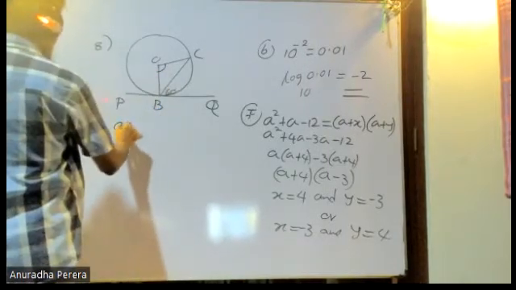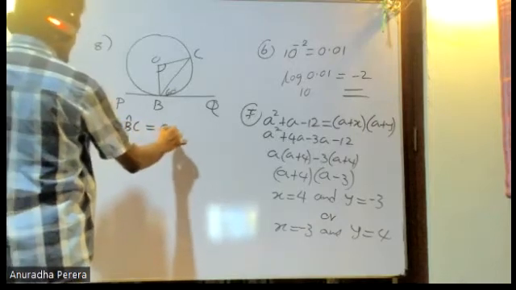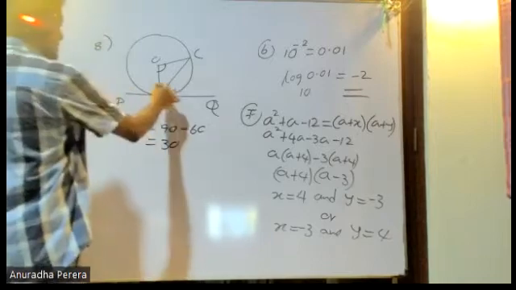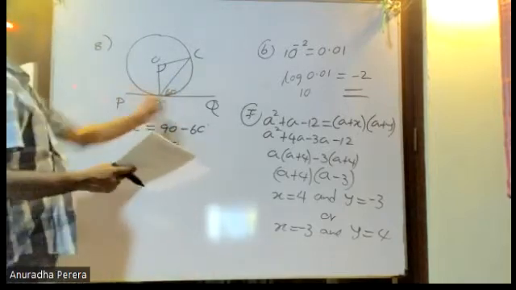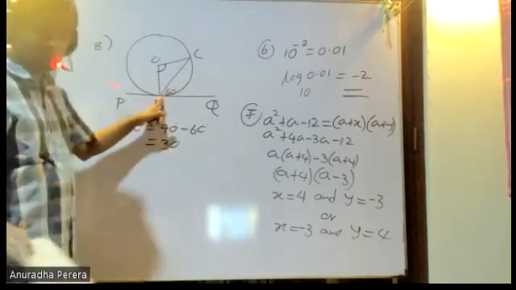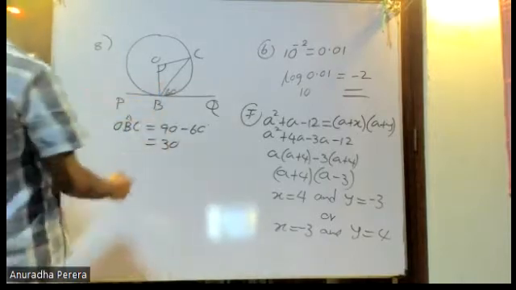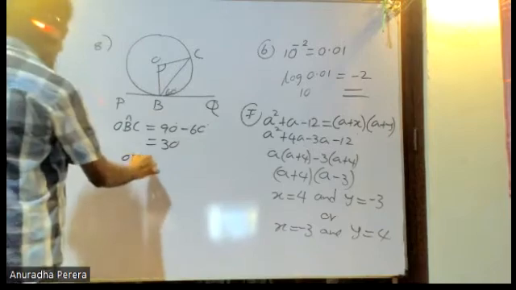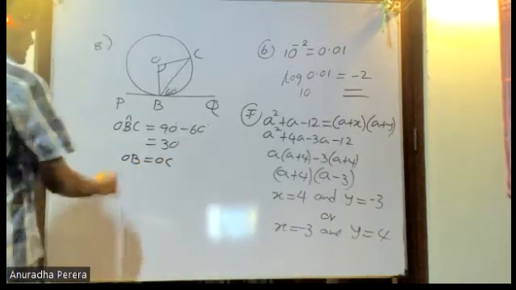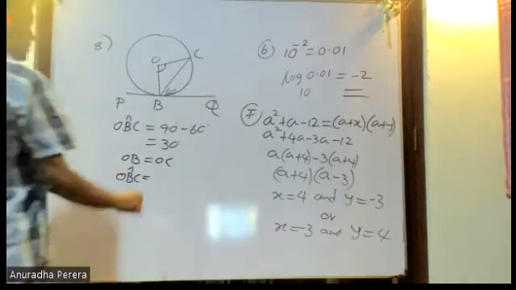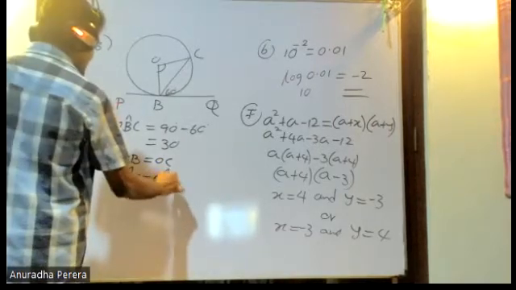OBC equals 90 minus 60. It is 30. Then you know this radius is perpendicular to the tangent at the tangential point. This angle is 90 degrees, so this one is 30. And we know OB equals OC. Therefore OBC equals OCB equals 30.